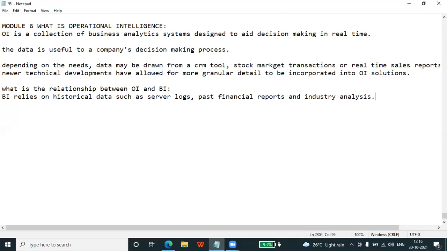Businesses are no longer tied to archived logs, statistics and static information. With operational intelligence, they can gather real-time insights and capture intel as it develops, providing useful and timely business insights.